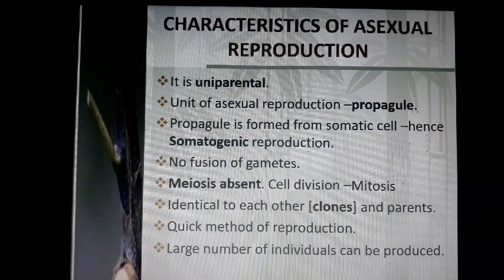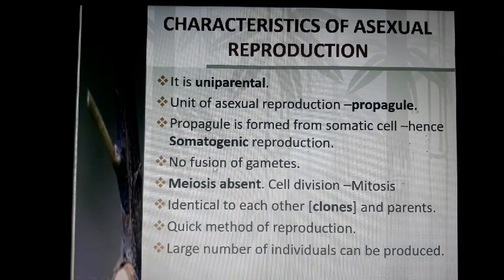Here in asexual reproduction, the unit is propagule or bud, whereas unit of sexual reproduction is gamete or sex cell. Here propagule or bud is formed from somatic cells. This is called somatogenic reproduction. There in sexual reproduction, the gametes are formed from germ cells. So sexual reproduction is called germinal reproduction.